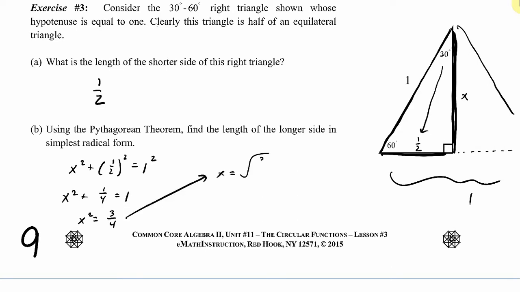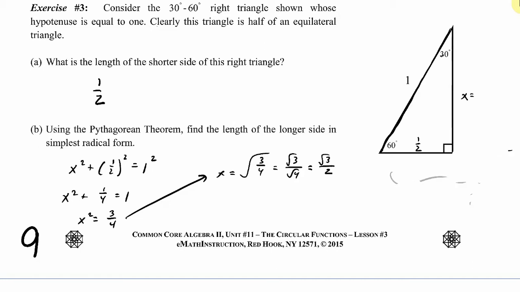So x is going to be the square root of 3 over 4, which is the square root of 3 over the square root of 4. Not much I can do with radical 3, but the denominator became 2. So in this case, if we have a 30, 60, 90 triangle, the short side is a half, the hypotenuse is 1, and the longer side is radical 3 over 2.